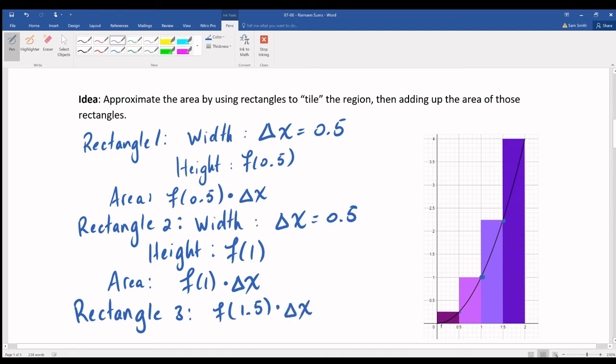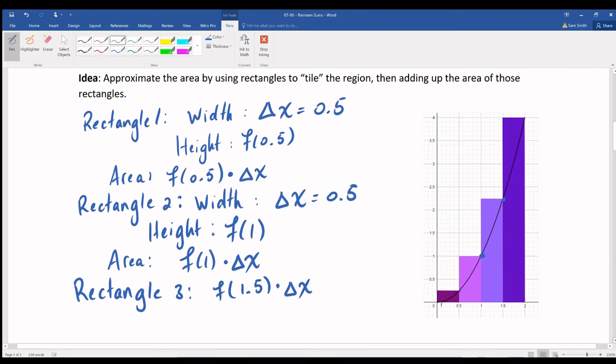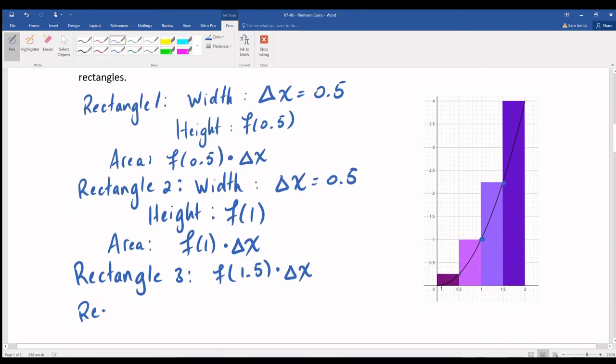And as well, here for the fourth largest rectangle, we would have rectangle 4 with an area of f of 2 times this step of delta x.